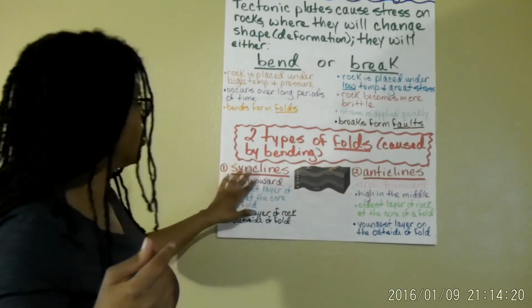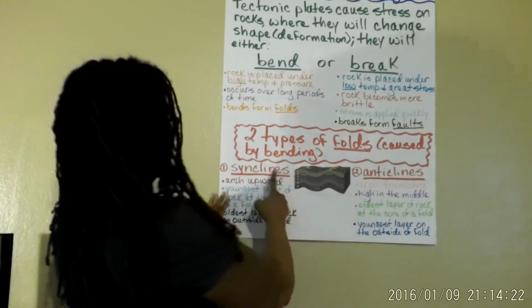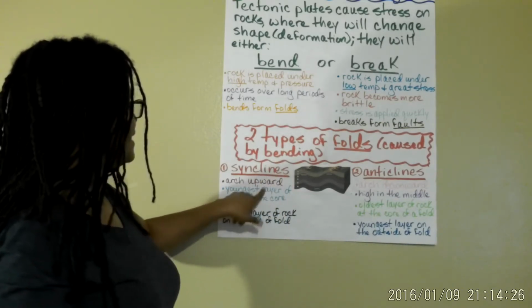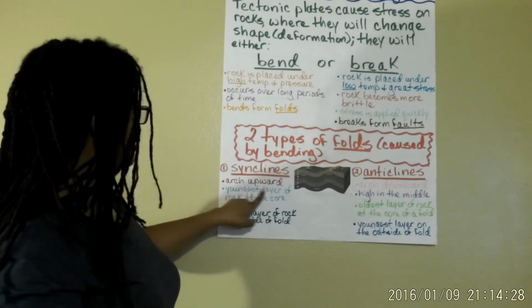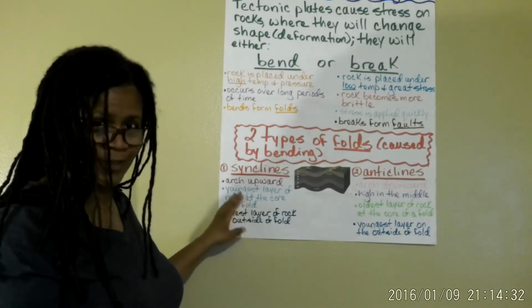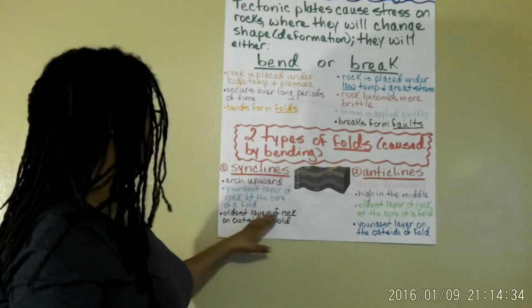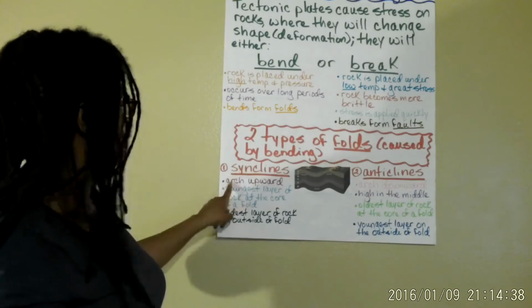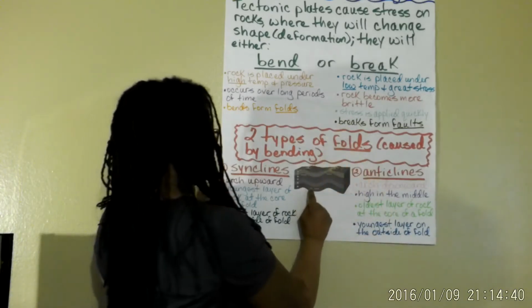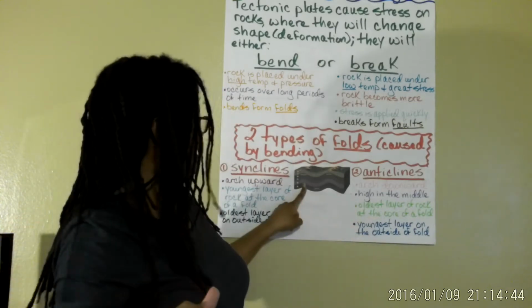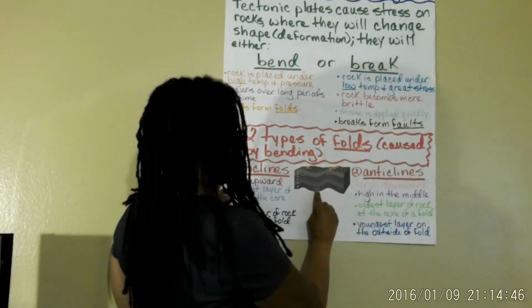So let me explain. So synclines, it says synclines arch upward. And in the syncline, the youngest layer of rock is at the core of the fold, the center of the fold. And then the oldest layer of rock is on the outside of the fold, okay? So this would be a syncline. Now, although it's dipping, and that's what they're showing here, that's where the word is.